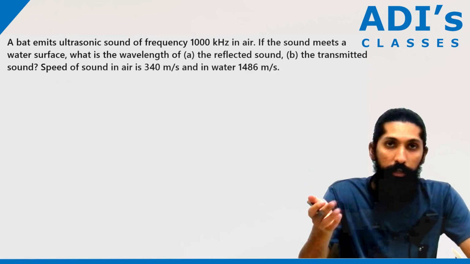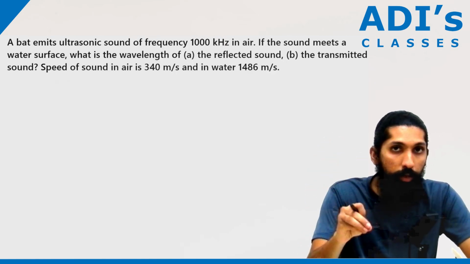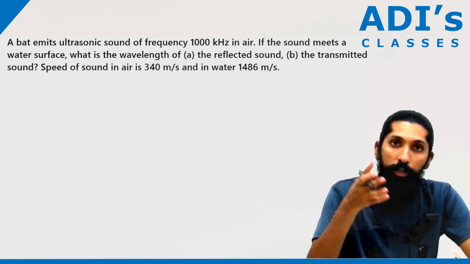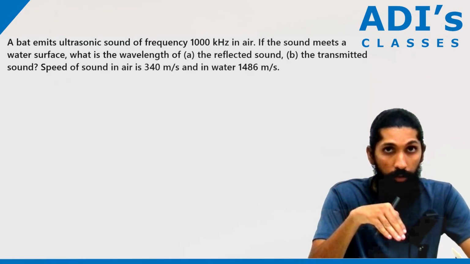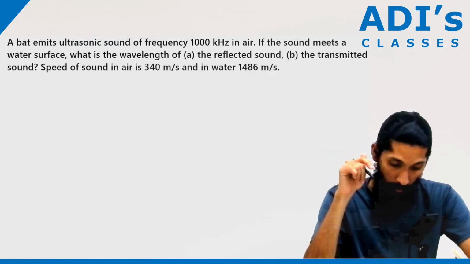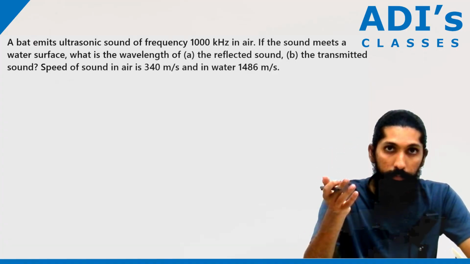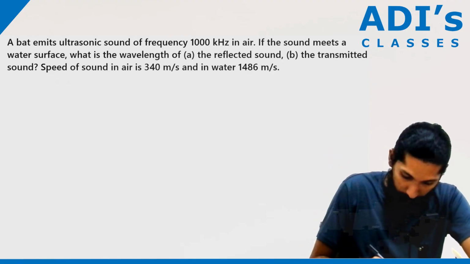Now it's a very simple thing. It's a very simple question, because we are going to use a very simple formula. V is equal to F lambda, because velocity is known, frequency is known, the wavelength is what you are trying to calculate. Okay, so it's an ultrasonic sound. That means sound which you cannot hear because it's above the frequency what human ear can hear.